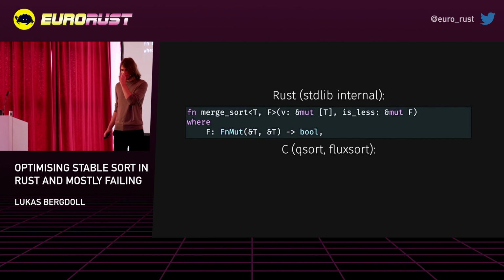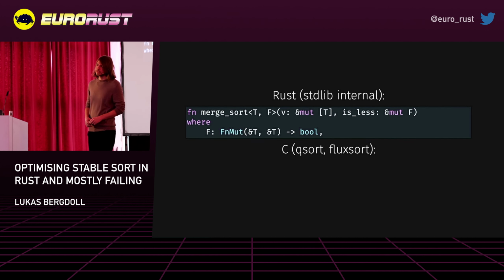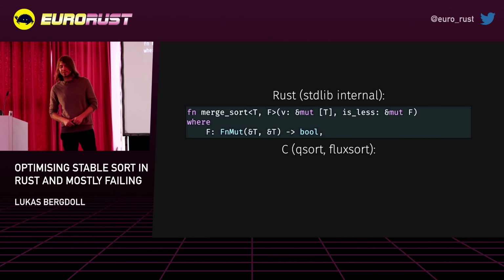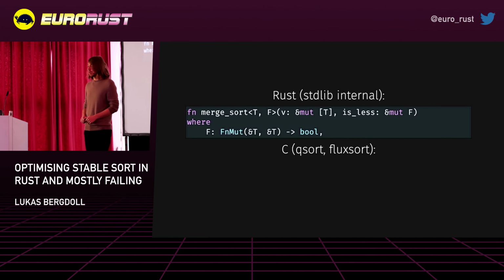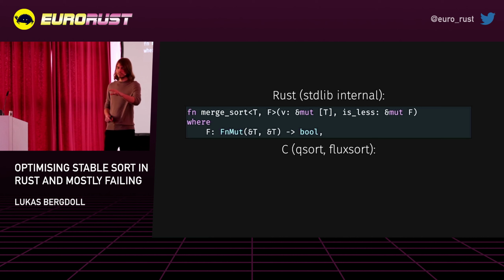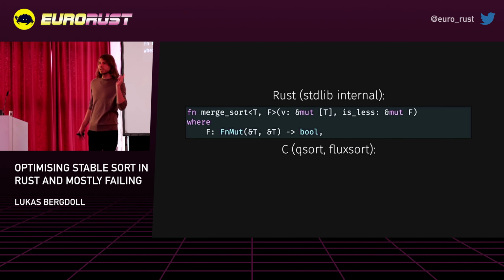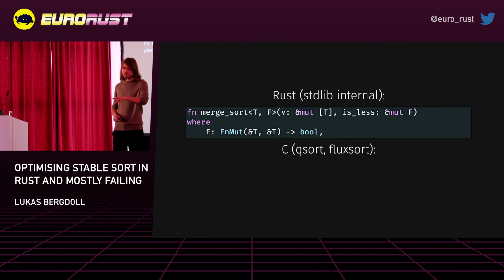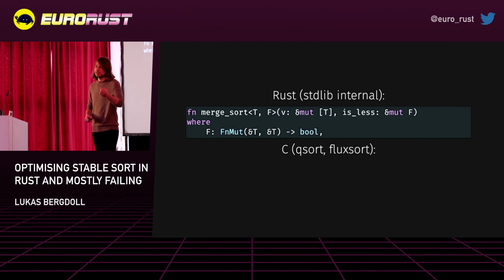So let's take a look at how this user-provided comparison function is defined internally, at least. This is an internal function of the standard library, and to the outside, the users provide a function that returns an ordering as a result, but internally, this gets translated into a function that only returns a bool, telling you whether or not one element is less than another element. And that's all you have to work with.